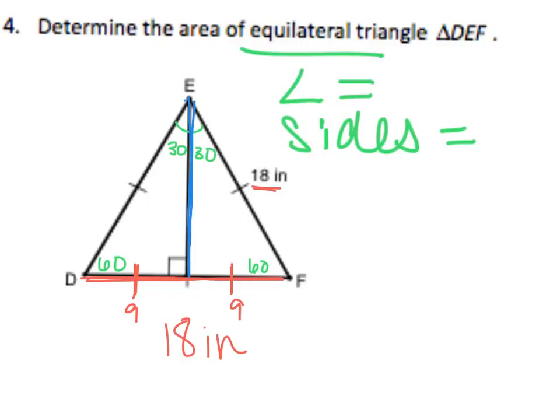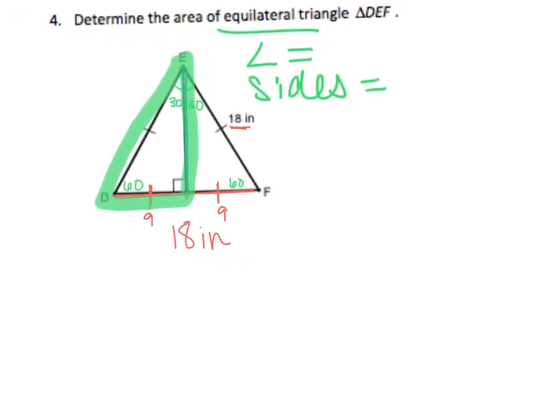So what you may or may not see is you've got this triangle here. That's a 30, 60, 90 triangle, and if you're trying to find the height, you can use the 30, 60, 90 to help you do that. Sometimes it helps if you redraw it outside of the box.